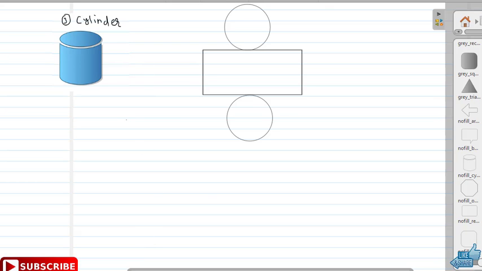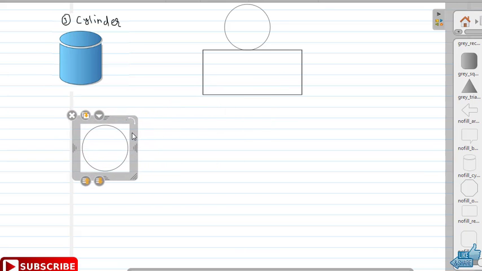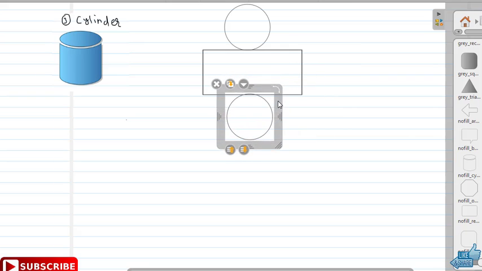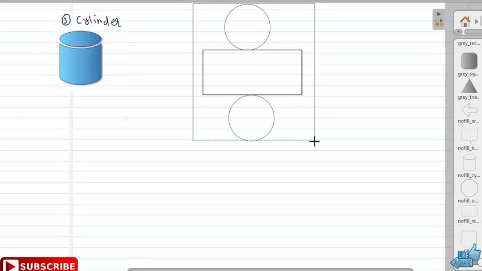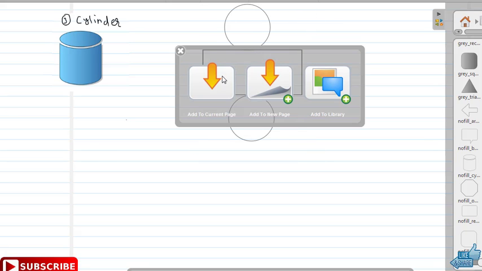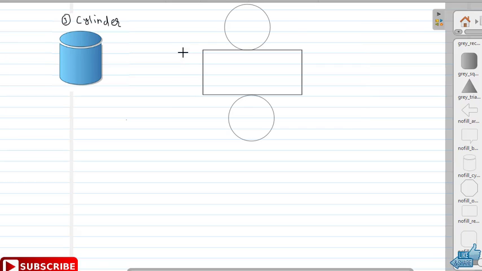The first one is total, or I just write here formula over here.